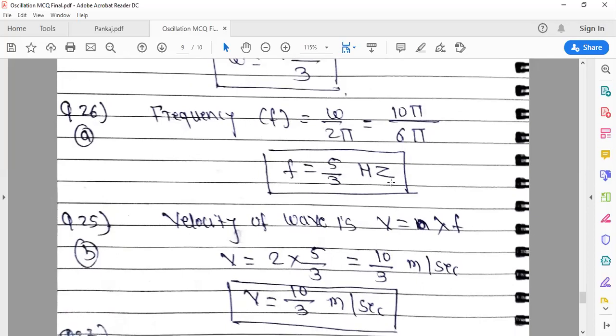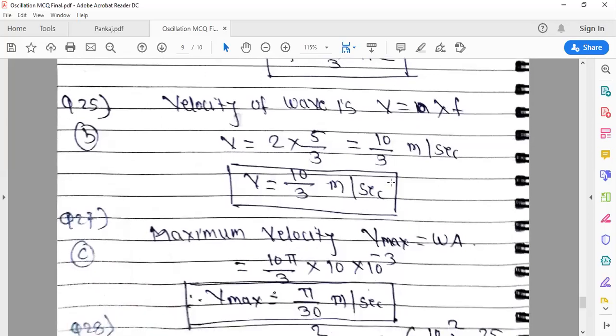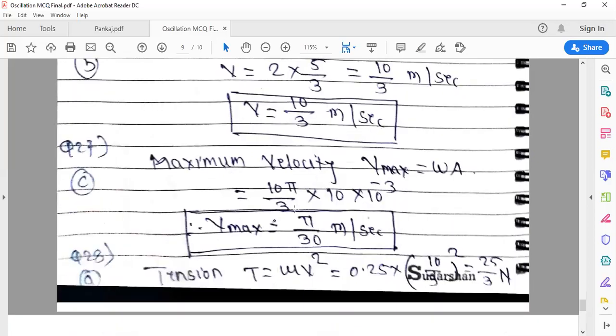Next one, question number 27, determine the maximum speed of the particle, and maximum speed of the particle is omega A. So omega is 10 pi upon 3 into the amplitude, so it is pi upon 30 meter per second. So the correct option is option C, pi upon 30 meter per second for question number 27. Next one, question number 28, determine the tension in the string.